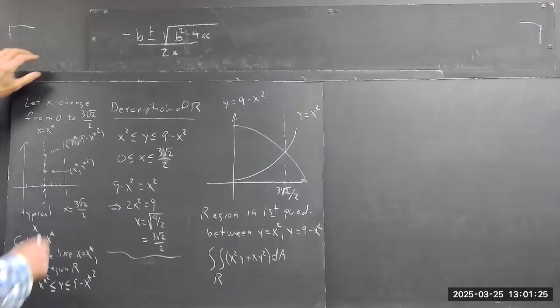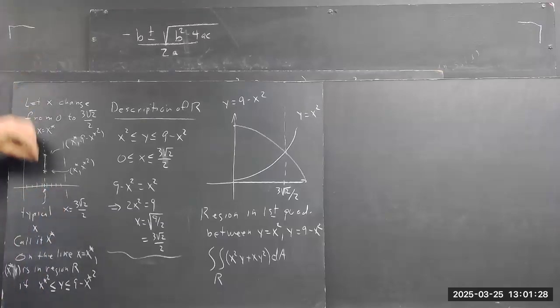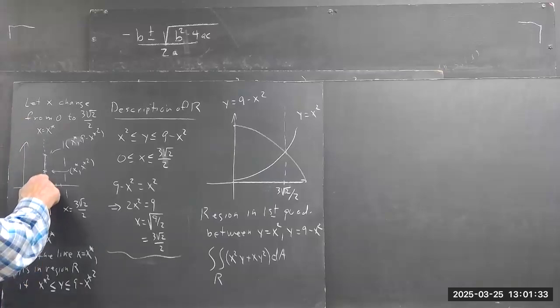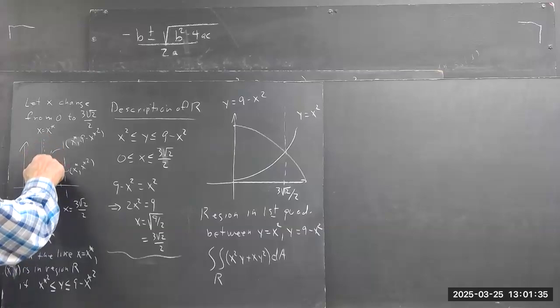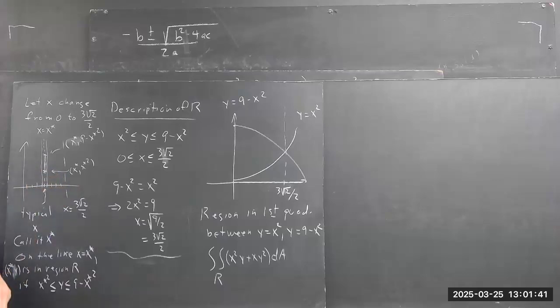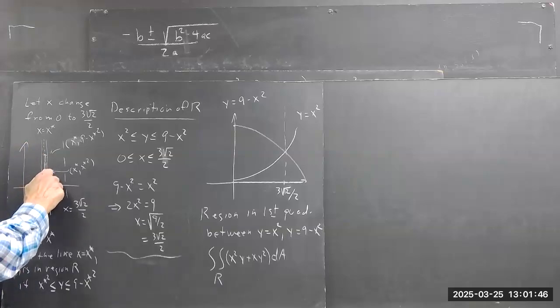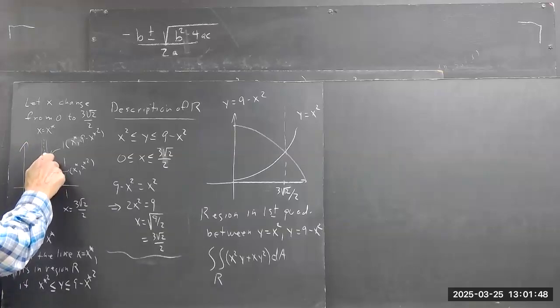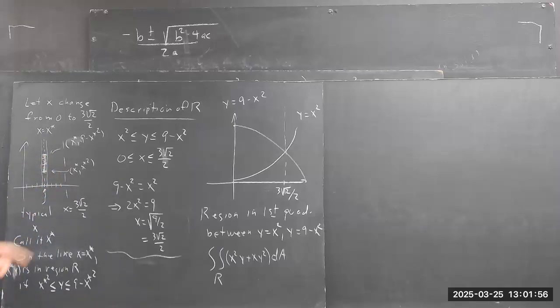So if I take an interval of the x-axis around this X star, a small interval around this X star, then the part of the region R that corresponds to this interval is approximately a rectangle.